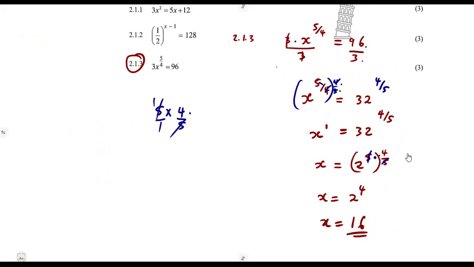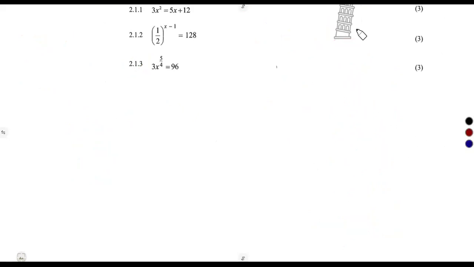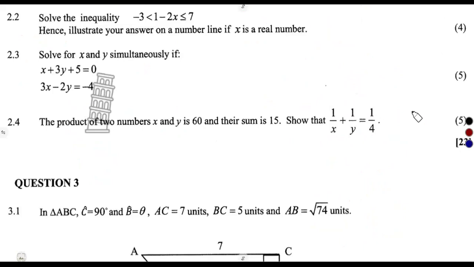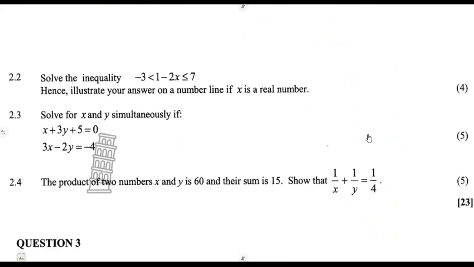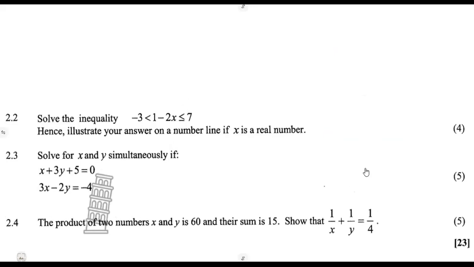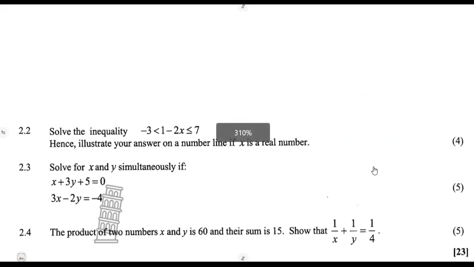So you just have to figure out, guys, how you're given your questions. How are you given the questions? On question number 2.3, they were given this inequality, solve this given inequality, then hence illustrate your solution on the number line if x is a real number.